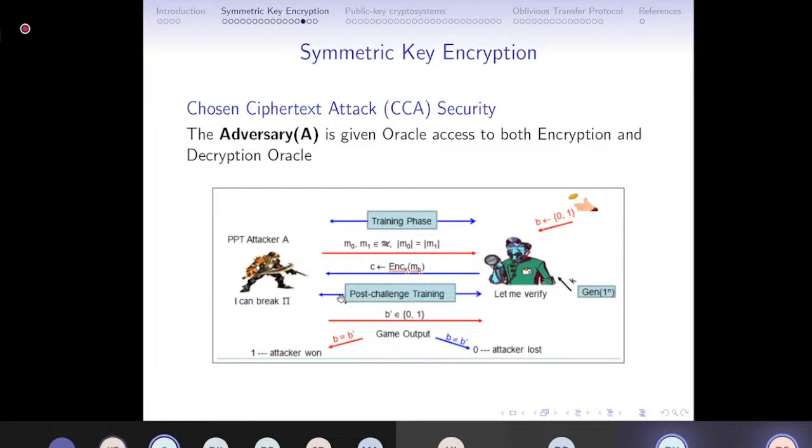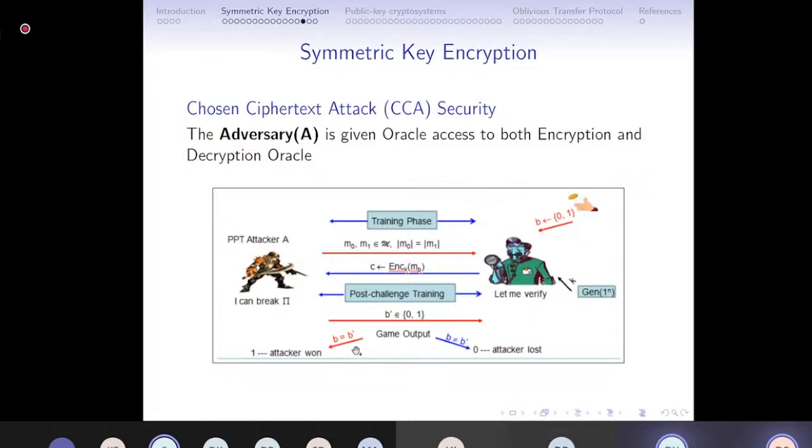Once again he analyzes the ciphertext and plaintext pairs, but the only condition is that he cannot decrypt the challenge ciphertext in this phase. Then he extracts the actual plaintext from the ciphertext and sends it to the verifier.